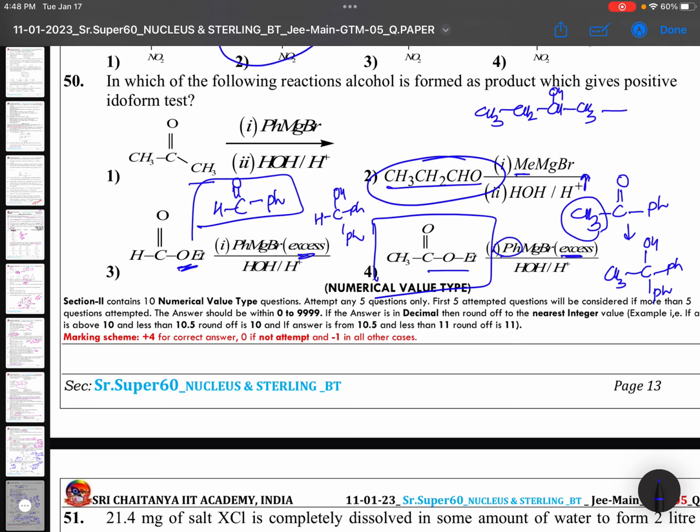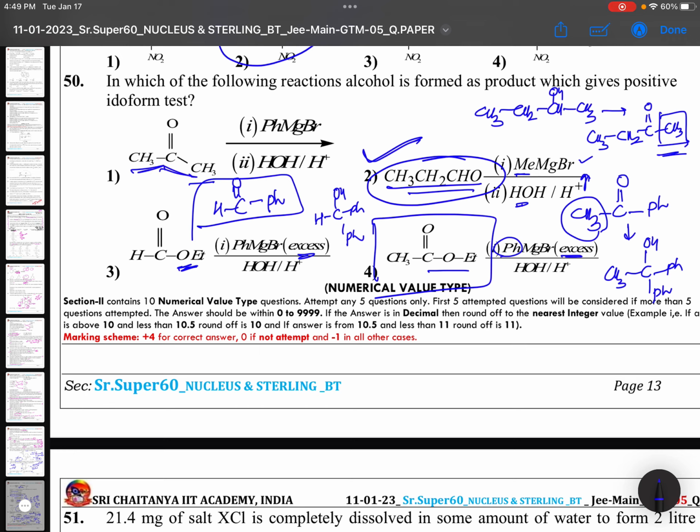And then after this, now it can give CH3CH2C double bond O CH3, alpha methyl group. So it gives iodoform test. Initially it won't give, but after the reaction with methyl magnesium bromide followed by hydrolysis and oxidation, it will give.